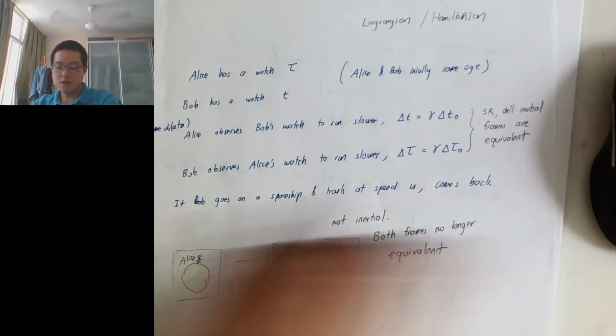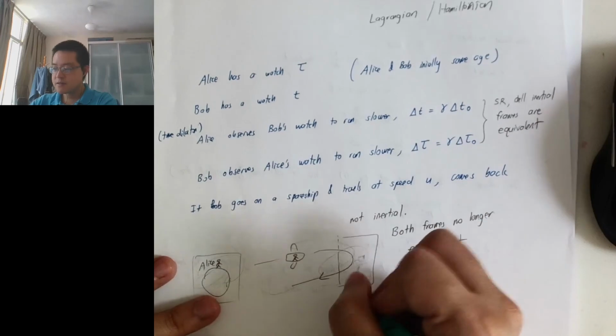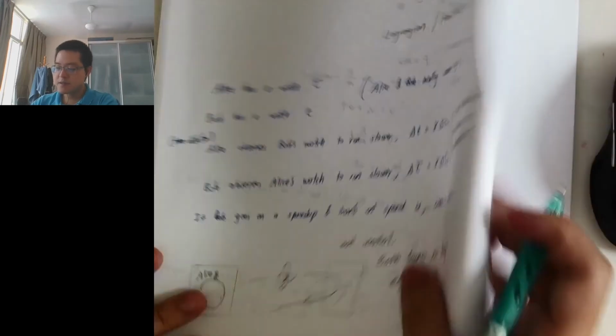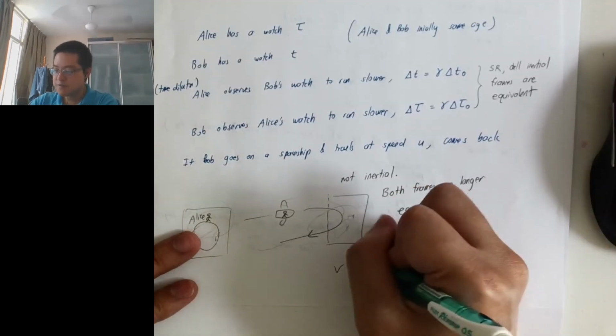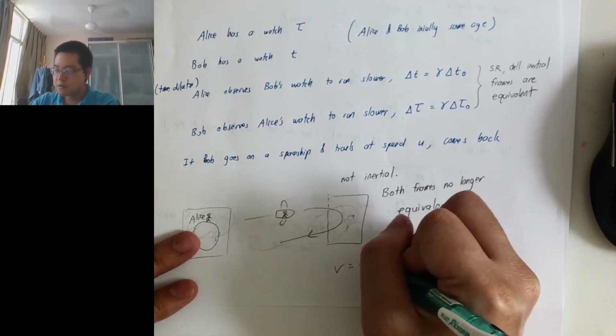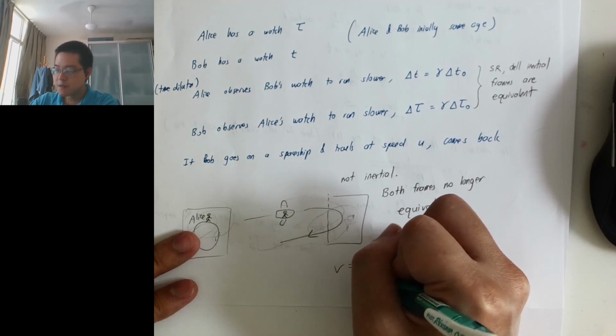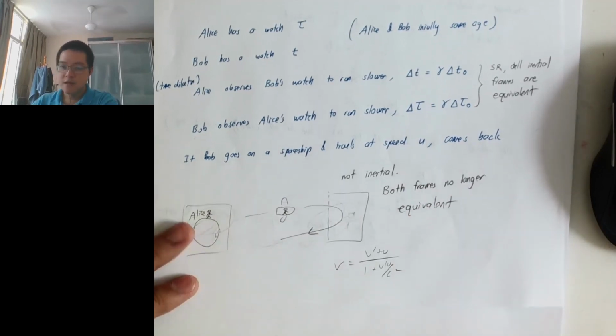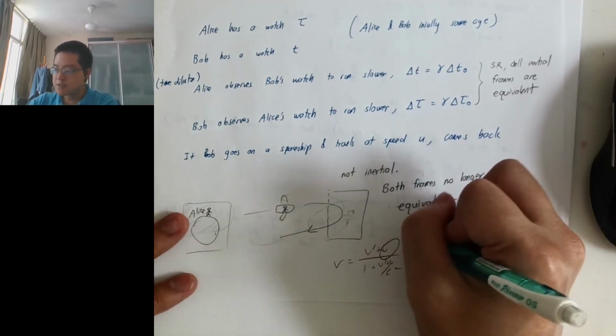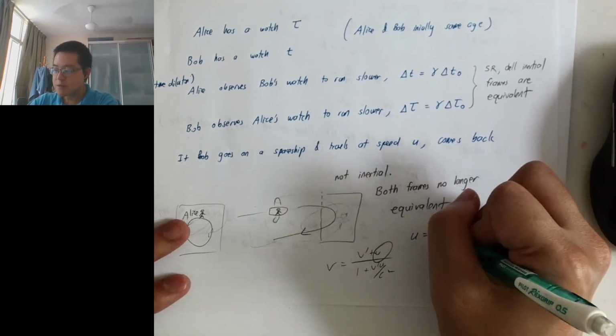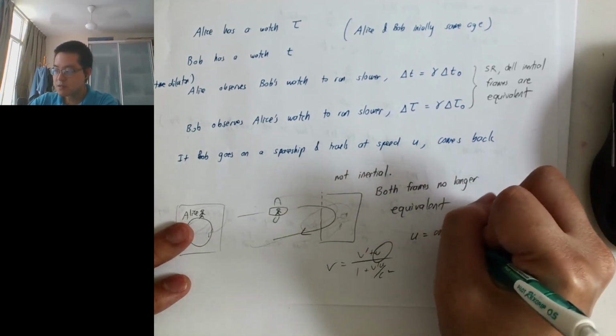So if you use the Lorentz transformation, like, what was the formula? Yeah, so it's v plus u over 1 plus v prime u over c square. When we use this for an inertial frame, the u is constant.